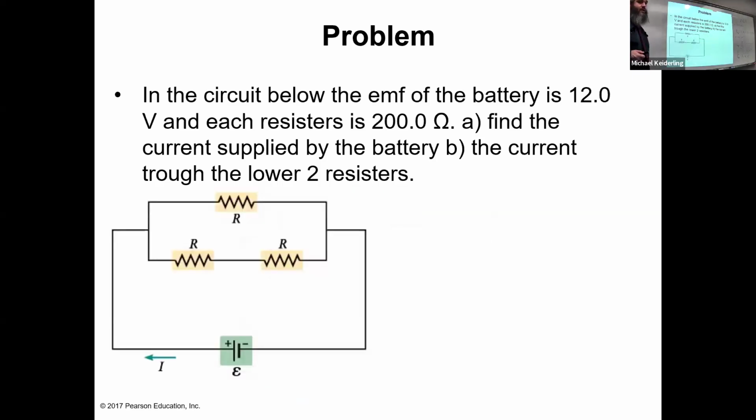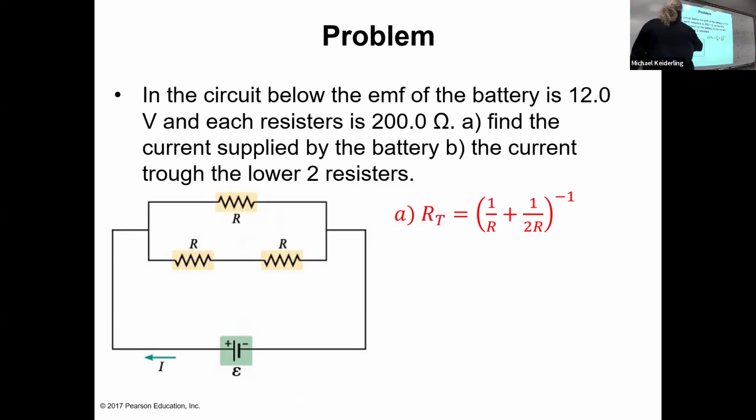So let's start by finding the current supplied by the battery. We can go through this process. These two resistors here are in series. These will functionally have a resistance of 2R. Then this means we have R and 2R.